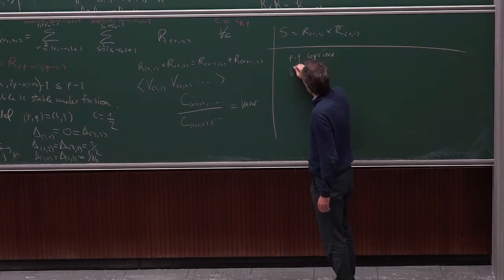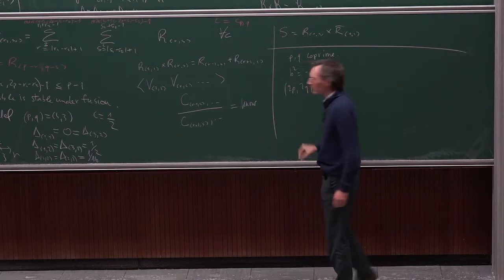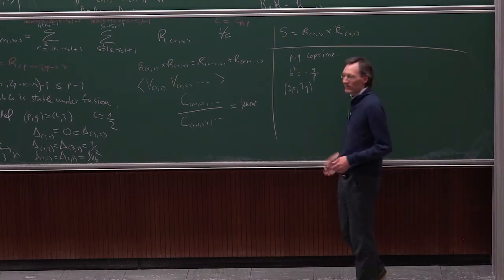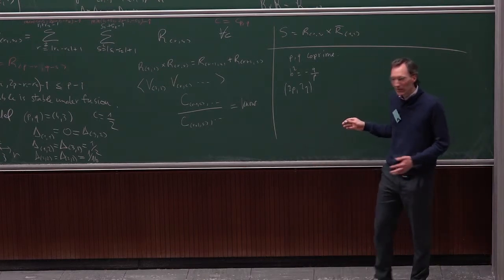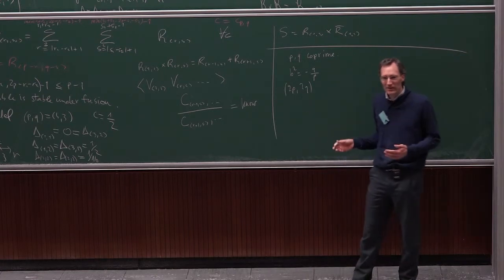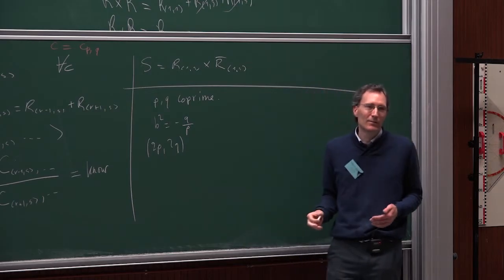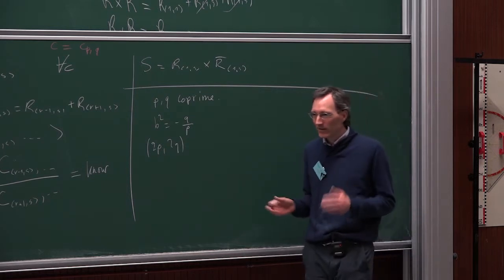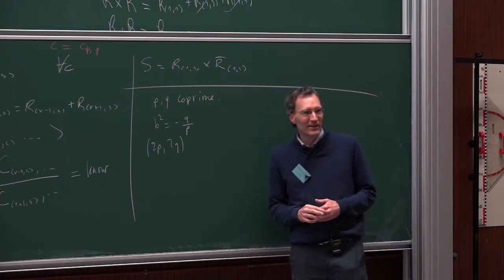Well, what matters is essentially B squared, which is minus Q over P. So if I take the pair 2P, 2Q, I could indeed try to build some CFT with more representations than the minimal model. And actually, I don't know really what would happen. I doubt it would be very interesting, but I can't prove it.